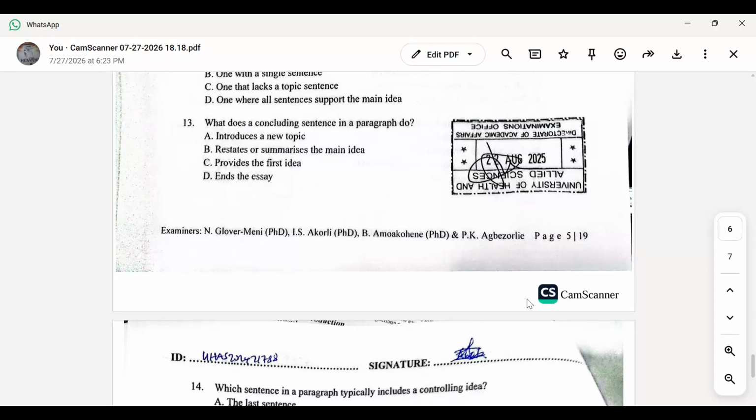So the function of a concluding sentence is that it must restate or summarize the main idea, not only that it just appears last. So the answer should be B for 13.